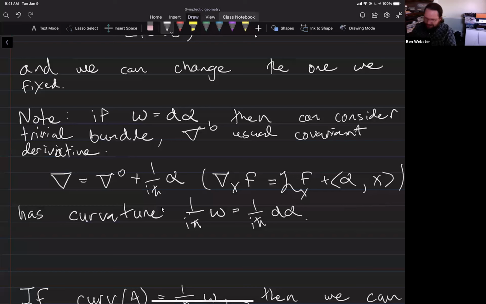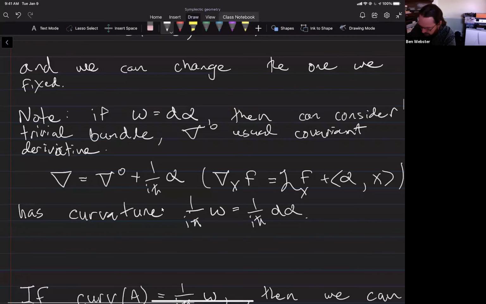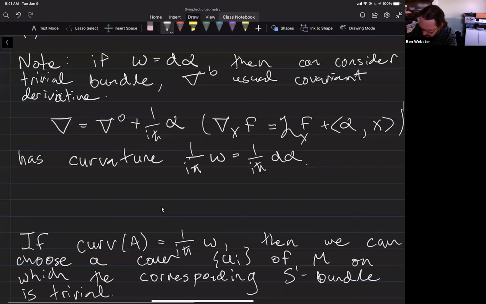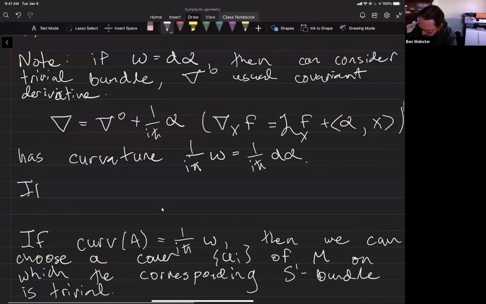Since I have a connection on the trivial bundle given by the usual covariant derivative, whose curvature is 0, every other connection on there will have exact curvature. So if the de Rham cohomology class of omega is not 0, then I can't use the trivial bundle.